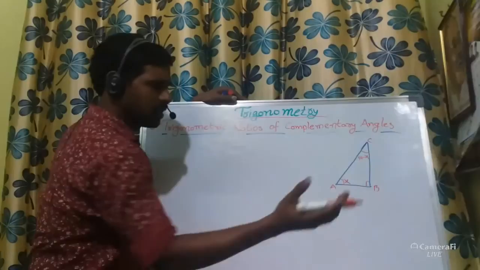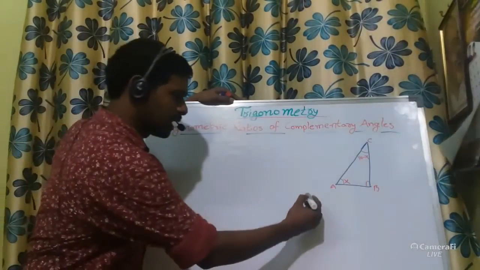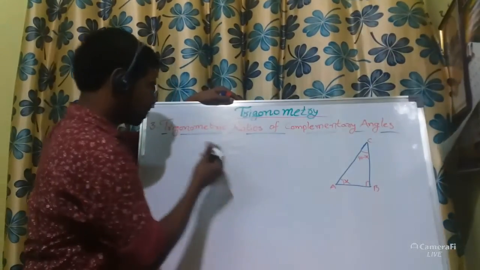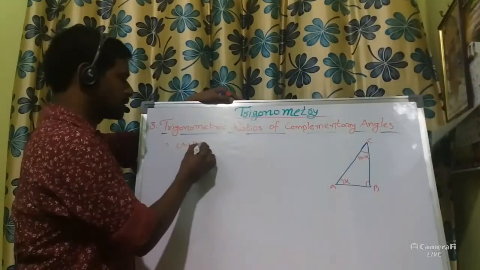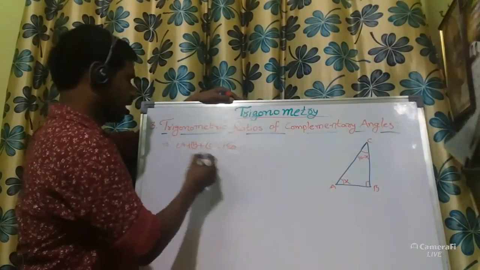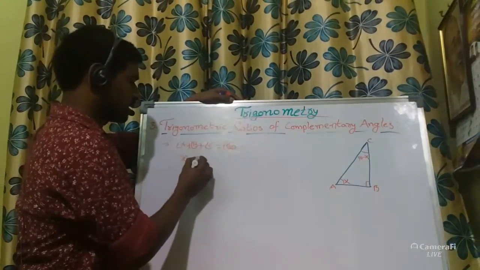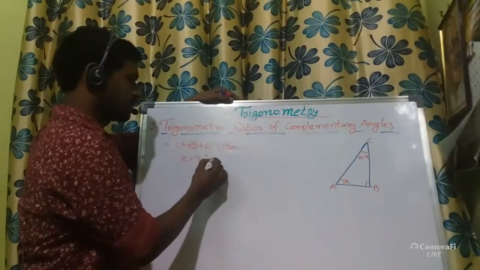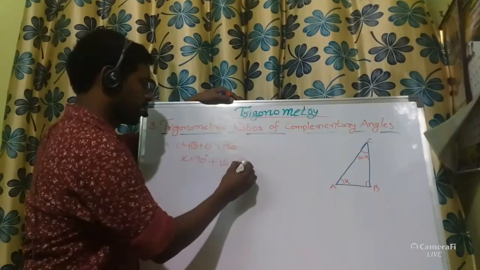Generally, the sum of the angles of a triangle is 180 degrees. So angle A plus angle B plus angle C is equal to 180 degrees. Angle A is x, angle B is 90 degrees, plus angle C is equal to 180 degrees.